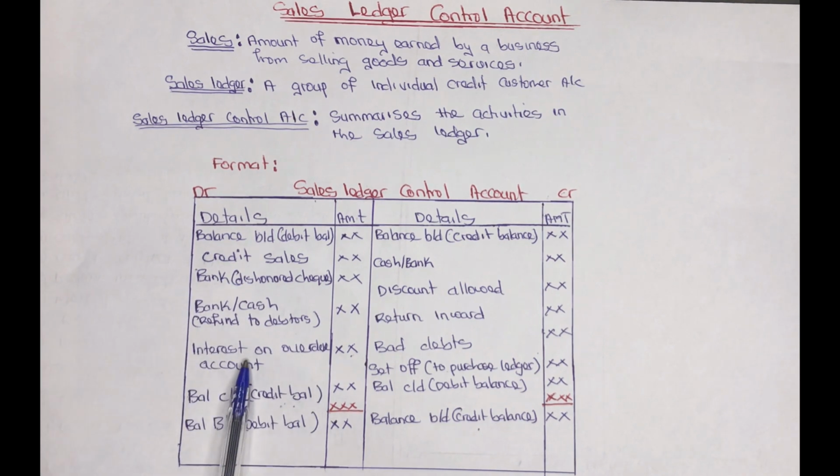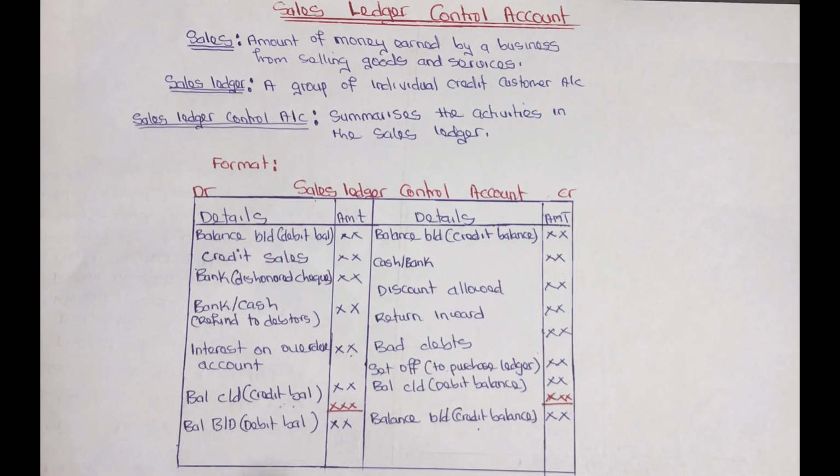Then we have interest on overdue accounts. When a customer gets goods on credit and is delaying to pay, or the terms of the credit were that interest would be added, the business decides to add interest on the sales the customer made.